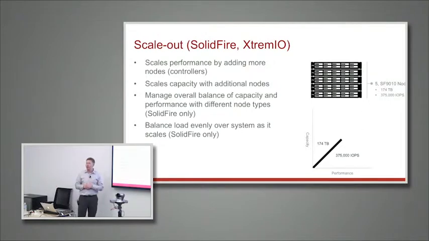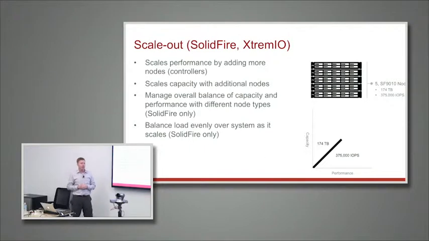That's been one of the traditional problems with scale-up: I can add more capacity to it, but now my ratio of capacity and performance is different. And that means I either had to buy a bunch of performance up front that I didn't need, or I didn't buy the performance and now I'm out of performance and I've got to upgrade my controllers. Now, one of the unique things about SolidFire that XtremIO certainly doesn't offer today is the ability to get an overall balance of capacity and performance with different node types.